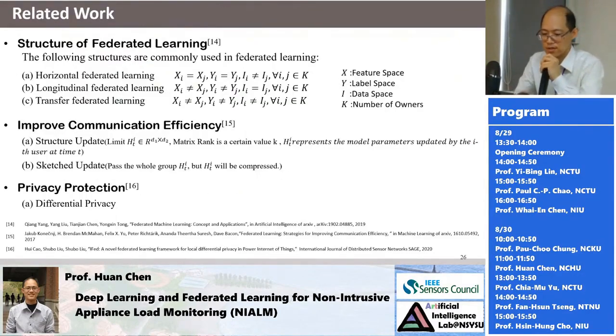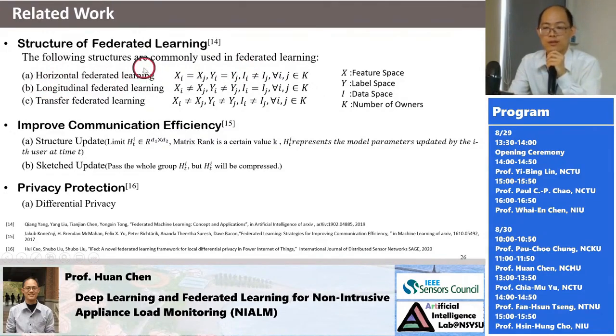Federated learning actually has three types. We use the first one, called horizontal federated learning. As you can see, X stands for the feature space, Y stands for the label space, and I stands for the data space. If you keep the feature space and the label space the same, but the data space differs, we are in the mode of horizontal federated learning.